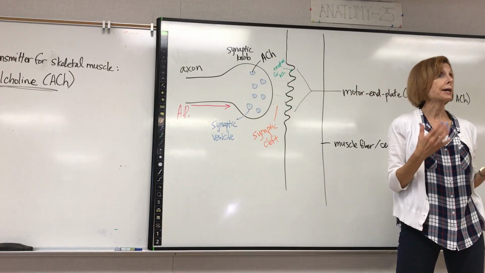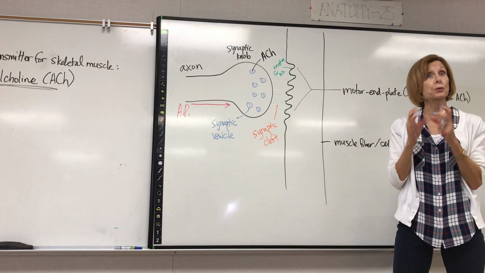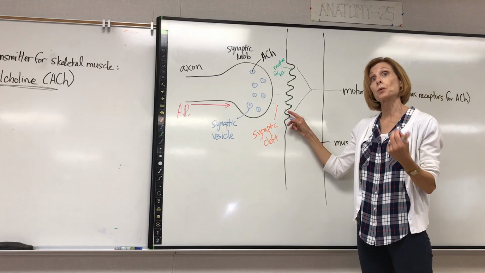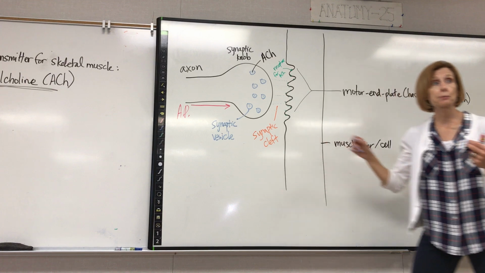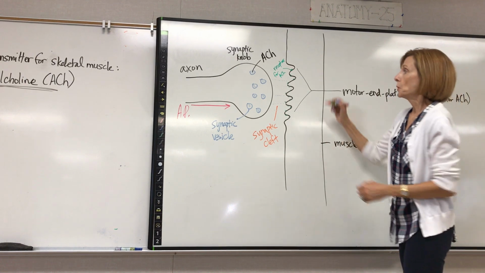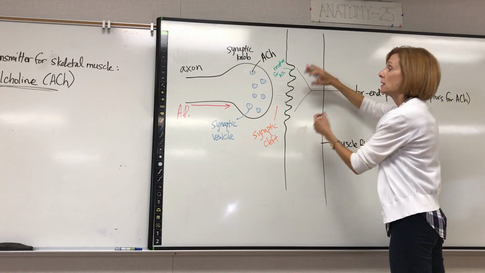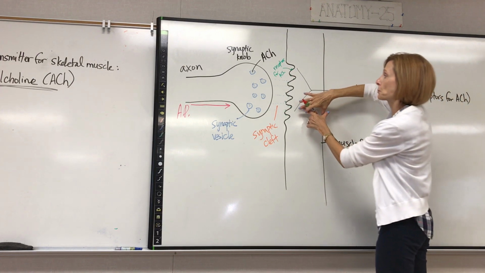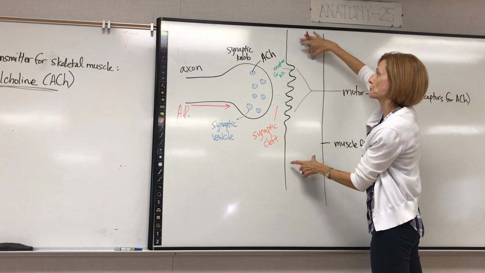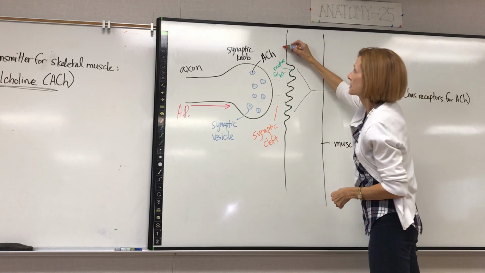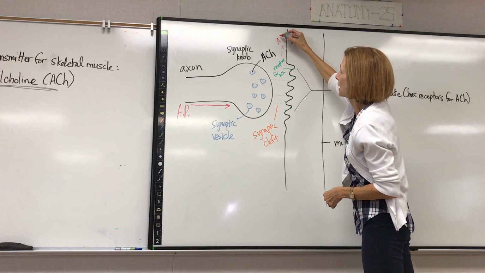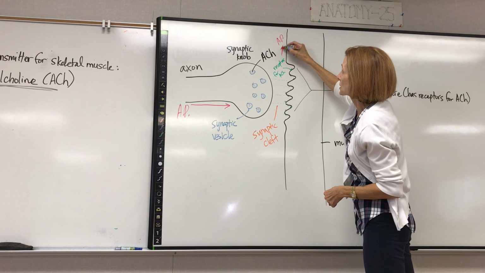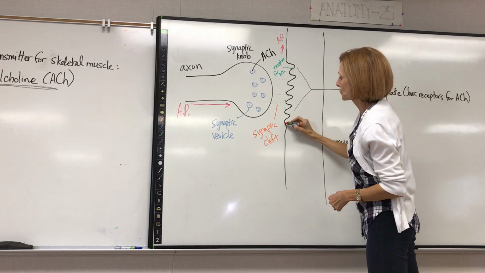The way that the action potential in the muscle fiber is triggered is by the acetylcholine binding to the motor end plate. When the acetylcholine binds, that will trigger an action potential in the muscle fiber that will spread away from the neuromuscular junction in both directions. So the action potential will travel along the sarcolemma in both directions now.